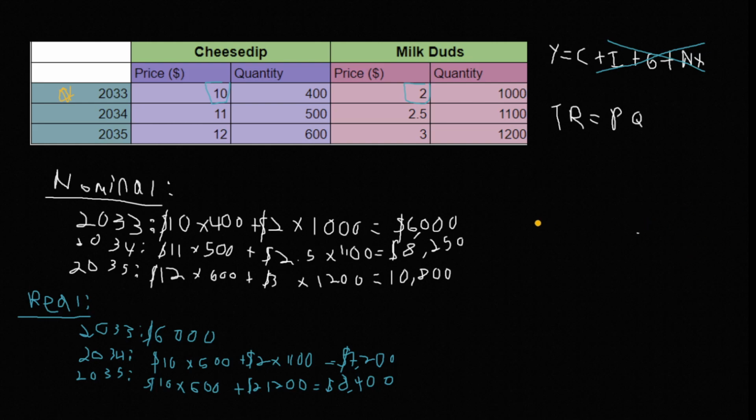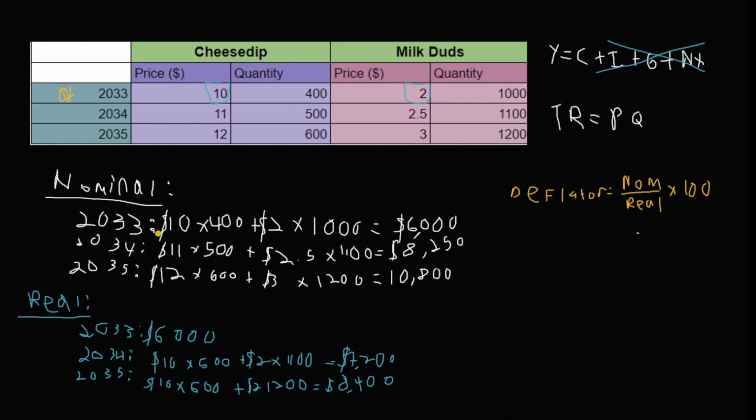The GDP deflator is the nominal over the real GDP, and then times 100 because, I don't know, people don't like decimals or something.